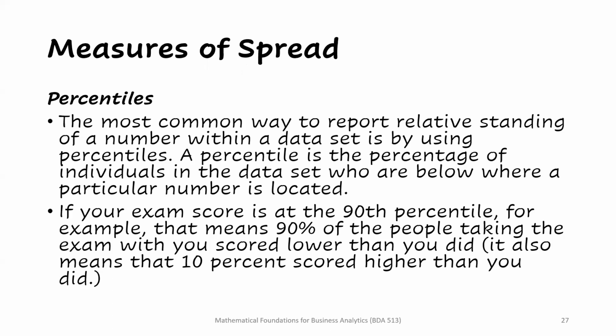If your score is at the 90th percentile, it means that 90% of the people taking the exam with you scored lower than you did. If it's at the 95th percentile, it means that 95% of the people scored lower than you did, and also 5% scored higher than you did. All right? Is it better? Yes, please. Thank you.